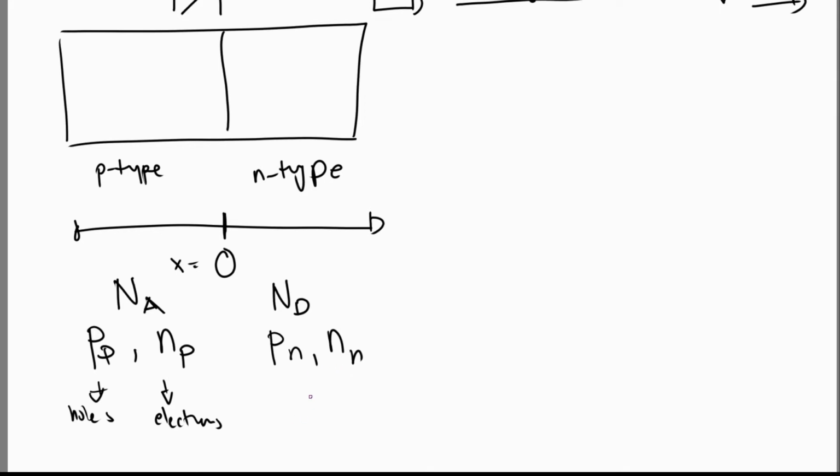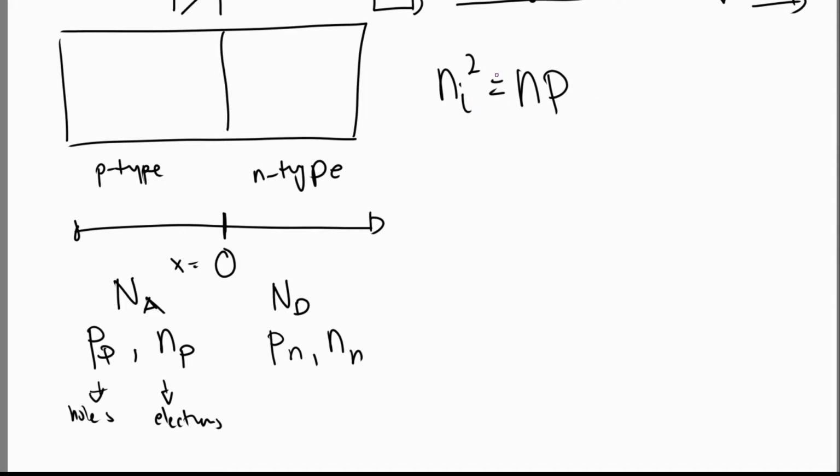electrons. From the mass action law, we know that for a semiconductor material at a given temperature, this holds true as long as we have a non-degenerate semiconductor.